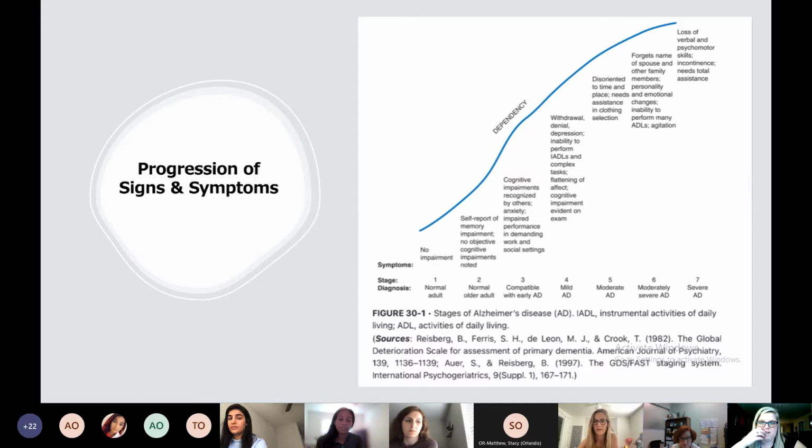Oh, I was just going to add on that the suicide risk is increased in the first, like the mild stages, because they're aware of the cognitive changes. So that's something important, just because in clinical, I had a patient who is starting to decline and not able to remember things, and she's getting depressed because of it.